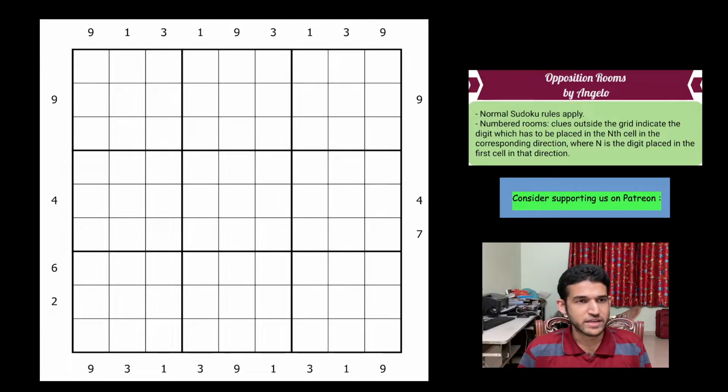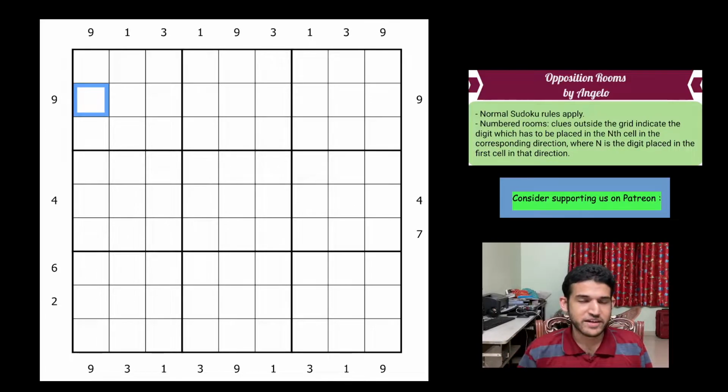So to put it bluntly, let's say you have a 6 here, then the 6th cell in this direction must be the clue given outside. So basically the first cell defines where the clue given outside goes in this row or in the column, looking from that direction. So these are the rules.